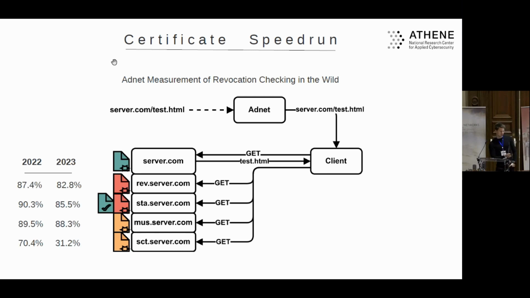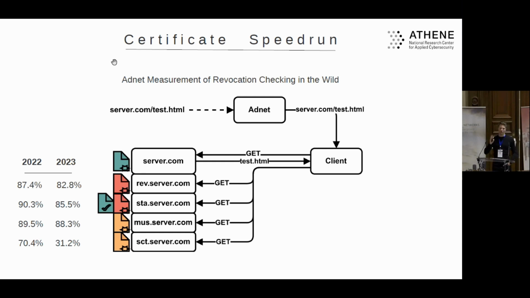Right, and basically these were our results. So these percentages are the number of client requests that we received at each of these subdomains divided by the number of baseline requests that we received at the server. So this is a lower bound because the measurement can possibly be incomplete.